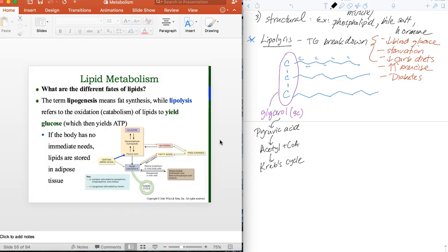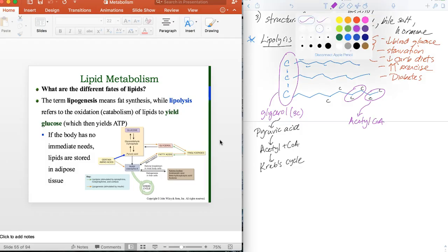Now, these are carbons here. The carbons can be pulled off 2 carbons at a time, and these 2 carbon subunits, again, it goes back to this acetyl-CoA. That acetyl-CoA can then again feed into the Krebs cycle.